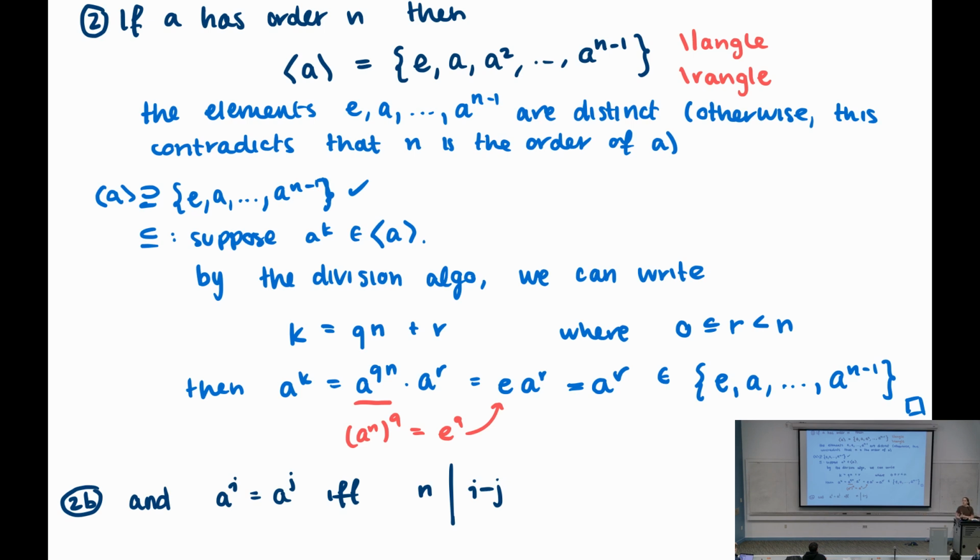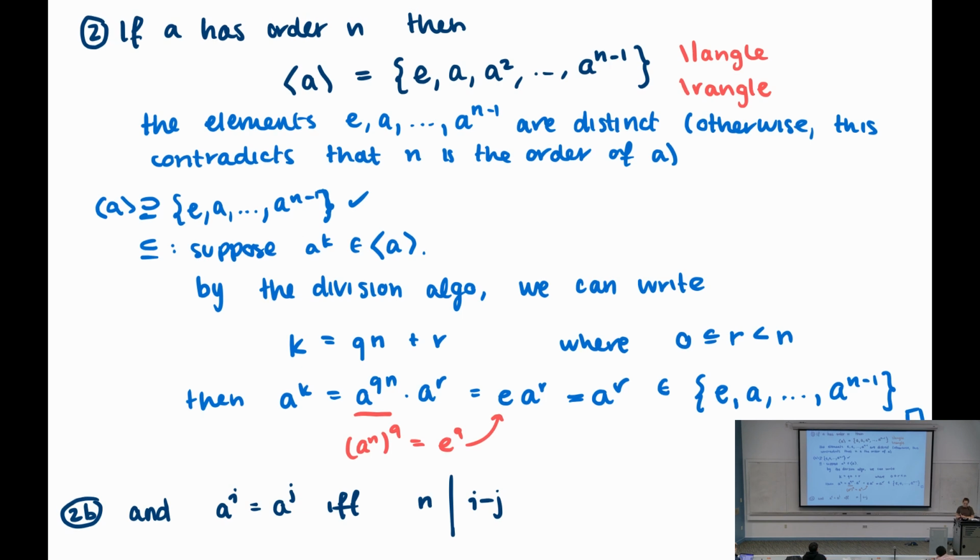For the first part, how do we know that the elements are distinct based on the order? Okay, let's see why these are distinct. Suppose a to the j is equal to a to the i for something in here, then whichever of those is bigger, we'll just leave that one.